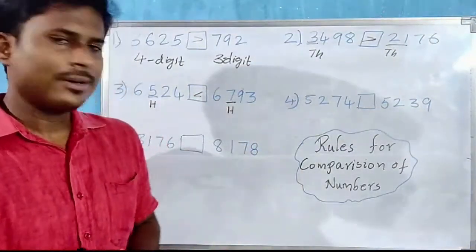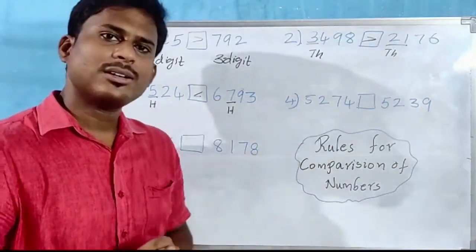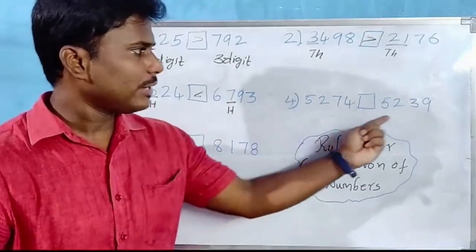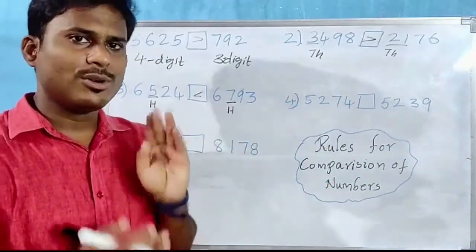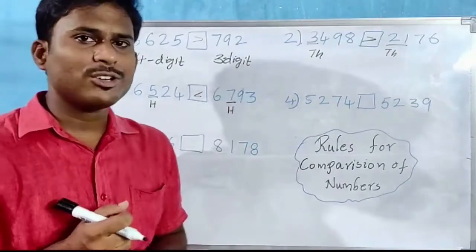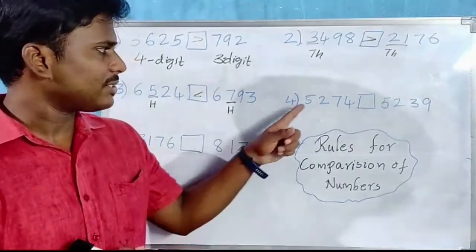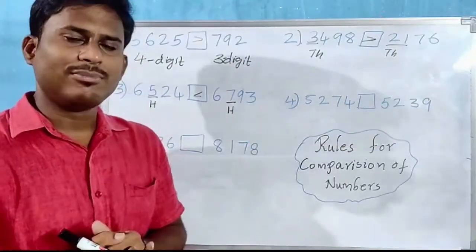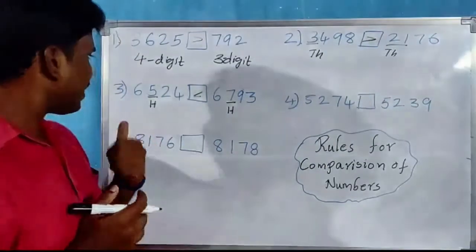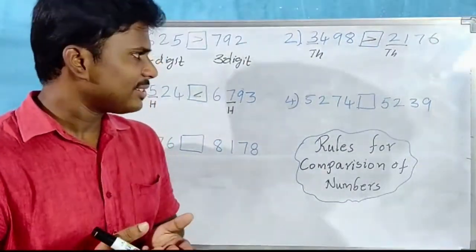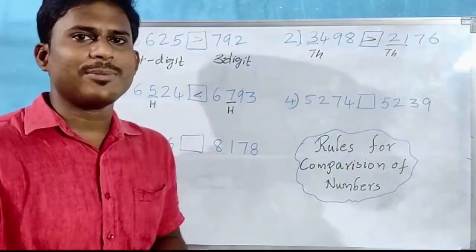Go for this example. How many digits are there? 4 digits. Here also 4 digits. So as per rule 2, what do you have to look for? The highest place, the thousands place. The thousands place is the same. Then as per rule 3, go for the hundreds place. The hundreds place is also the same.